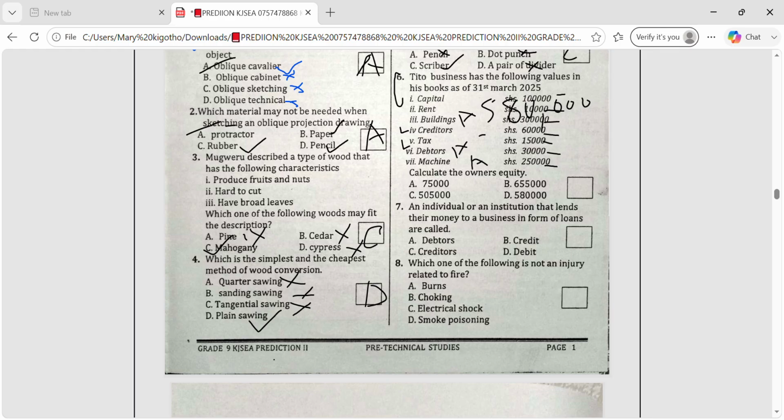So we minus 75,000, then we get 505,000. So the correct answer is C. The correct answer is C also.